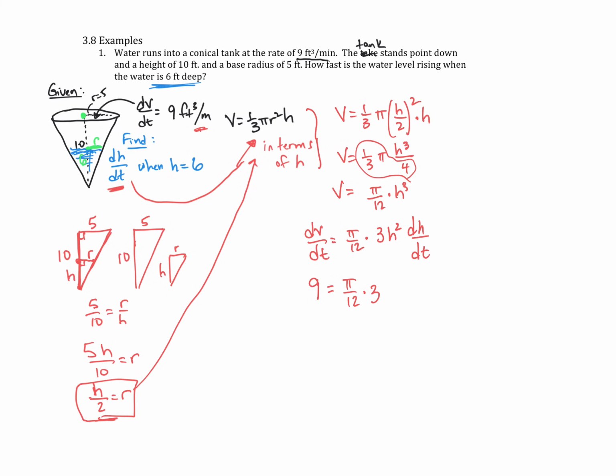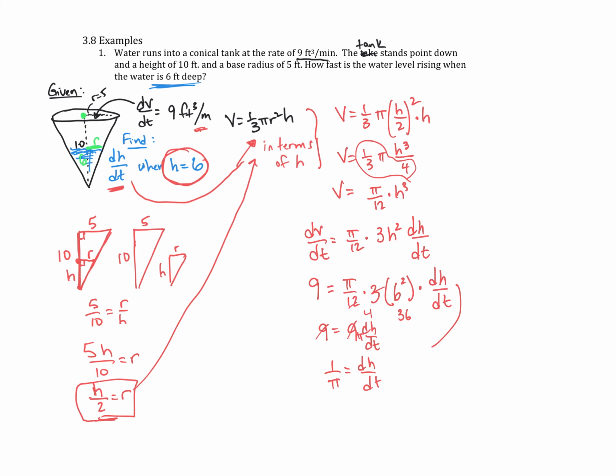I have the h. I need to know when h is 6. When h is 6 is when I'm solving this. So 6 squared times, and this is what I'm looking to find, dh/dt. So this becomes 9 equals, and this will end up being 36, and this will reduce to 4, so 36 over 4 gives me 9 dh/dt, and there's a pi, so these reduce out, so 1 over pi equals dh/dt.